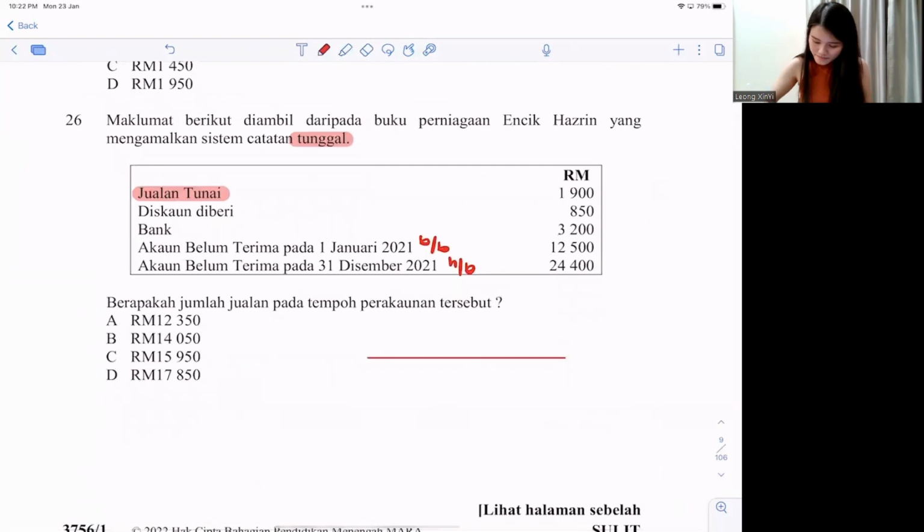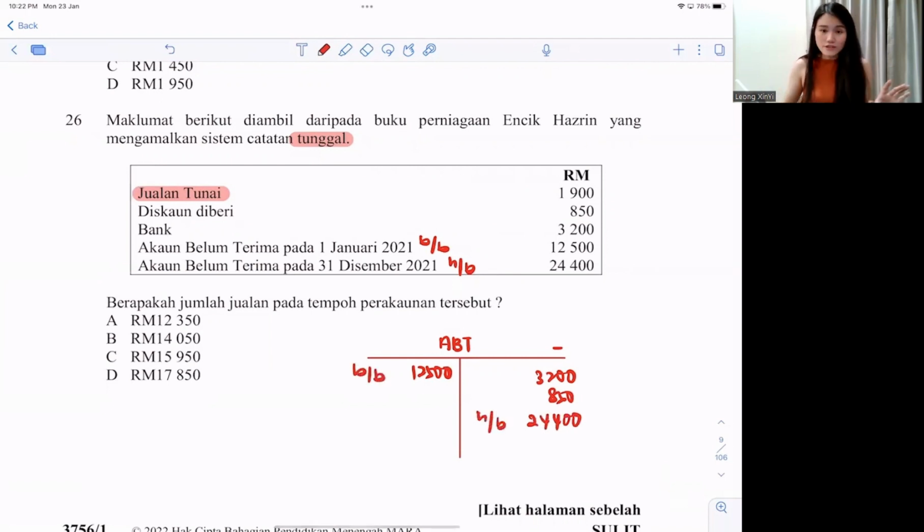Jualan credit. So what we're gonna do is we're gonna put ABT. Okay, you start from 12,500. Okay, bank will go to this side. Discount delivery also, because it makes hutang lesser, while HB will then go to the negative side, opposite of your BB, basically.